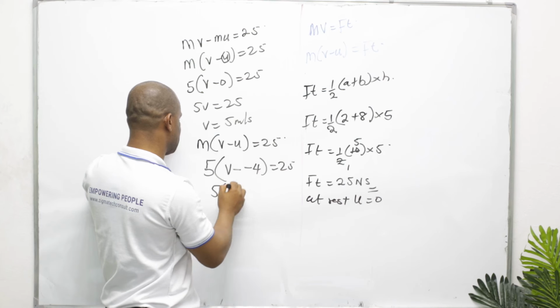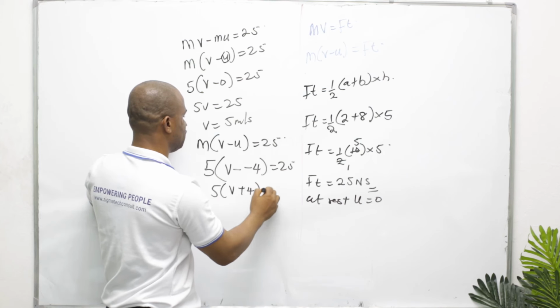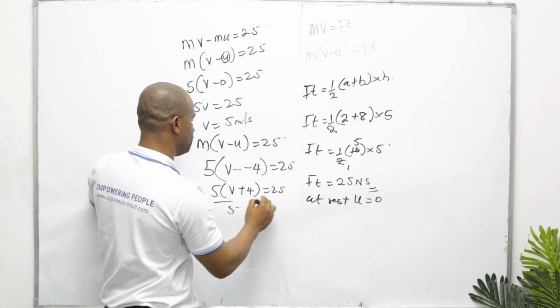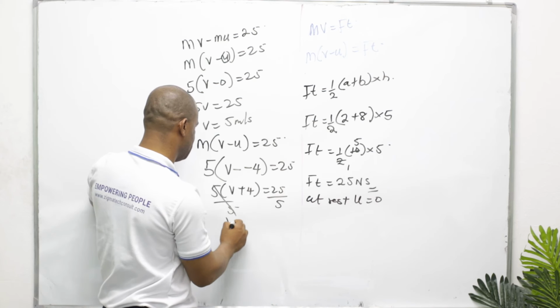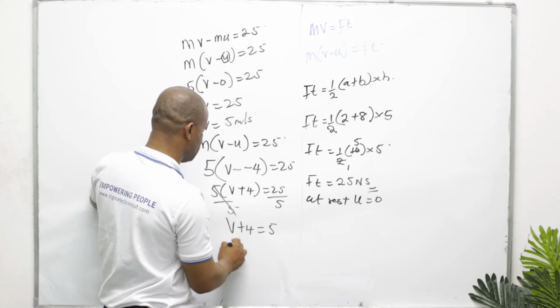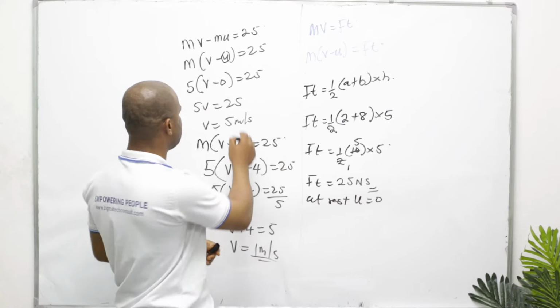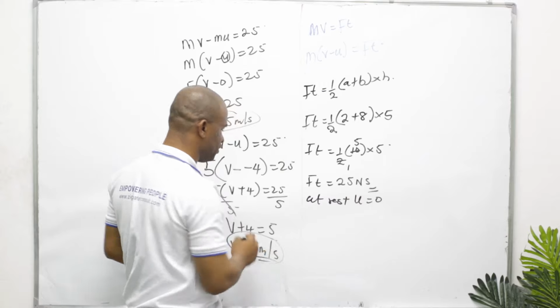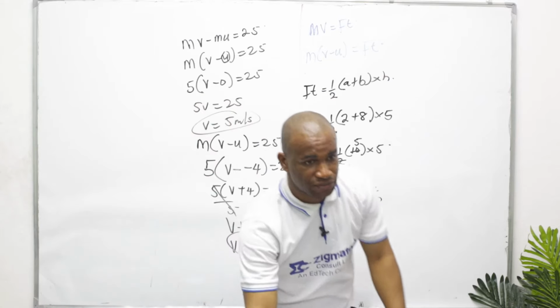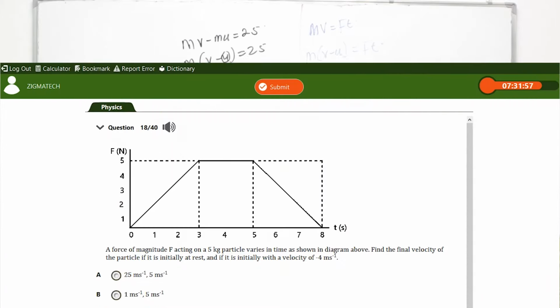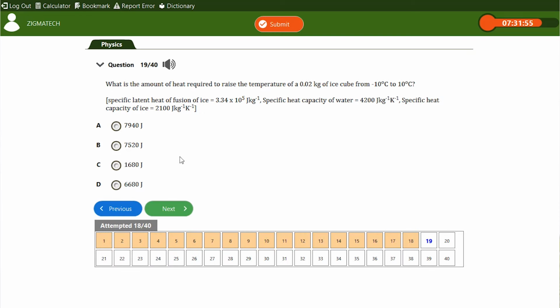So this is 5 bracket v plus 4 is equal to 25. Divide by 5. v plus 4 is equal to 5. So v is equal to 1 meter per second. So the first one is 5, the second one is 1. Which of these options is it? 5 and 1, correct. So we are going to the next one.